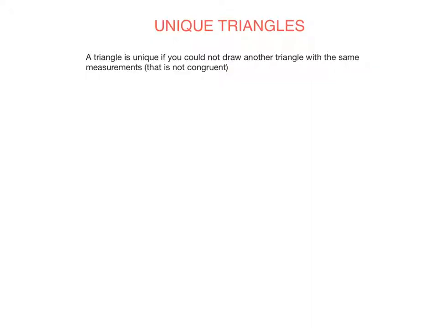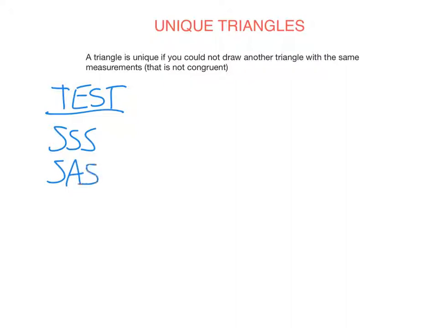So just like for congruent triangles, there are tests. We can test to see if a triangle is unique, and you will be relieved to know that the tests are the same as those for congruence: SSS, SAS, AAS, and RHS. But again, the S's and the A's have a slightly different meaning.